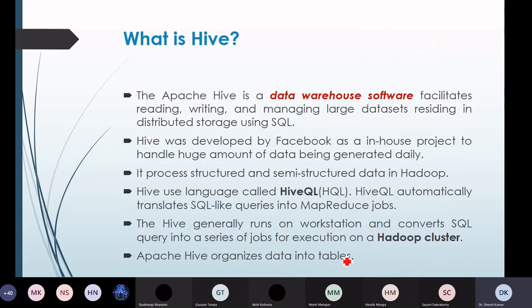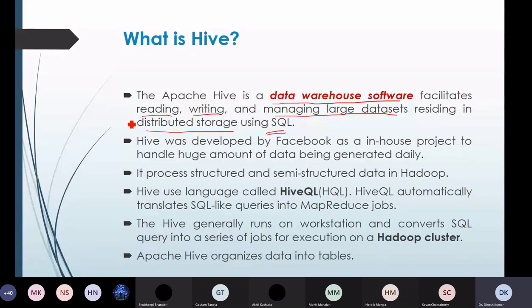Right? So what is Hive? Hive is data warehouse software. It is not a database management system. It is not an RDBMS. It is the data warehouse system which facilitates reading, writing, and managing large data sets residing on distributed storage using SQL.